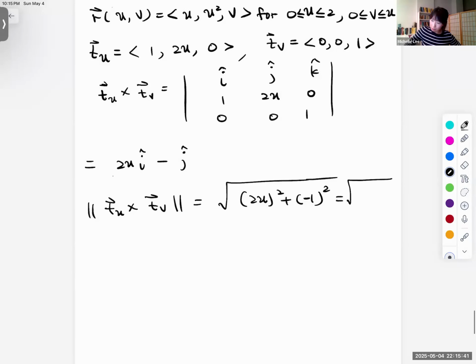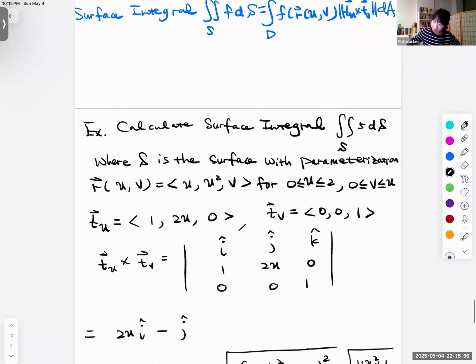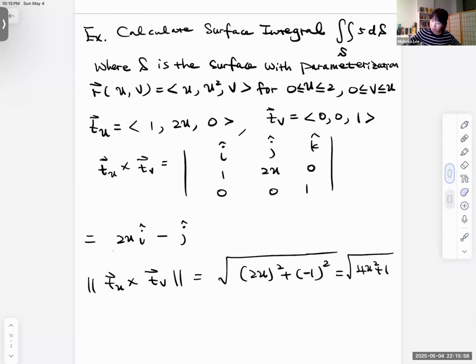So we will get the square root of 4u squared plus 1. Now the function. Where's the function? Yeah, we have this one.